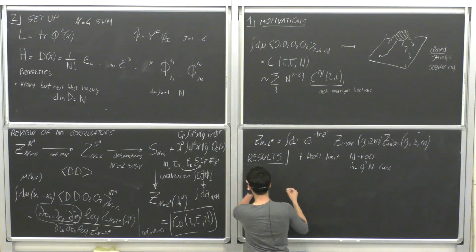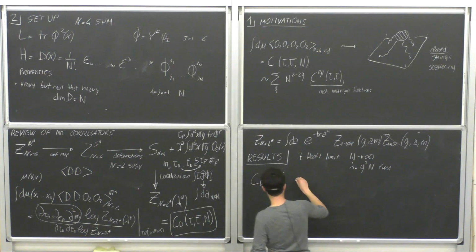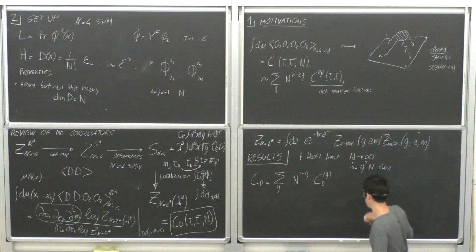First of all, the first important point is that we can write this result in the following way: C_D equal to an expansion over some coefficients, which are C_D of G, in this case depending on lambda.